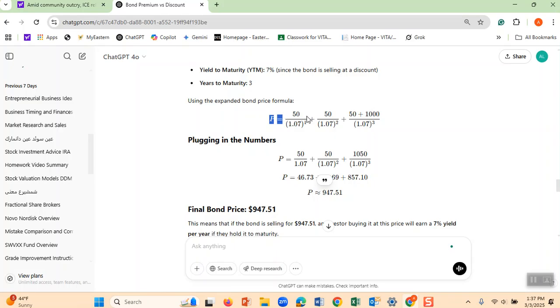Donald Trump is giving you this contract, which means after 3 years, instead of writing you a check for $947, he is giving you a check for how much? $1,000. In this case, we say that Donald Trump is selling a bond to you at a discount, because instead of selling it to you for $1,000, he is selling it at a discount for $947. Now, this yield to maturity is the interest.